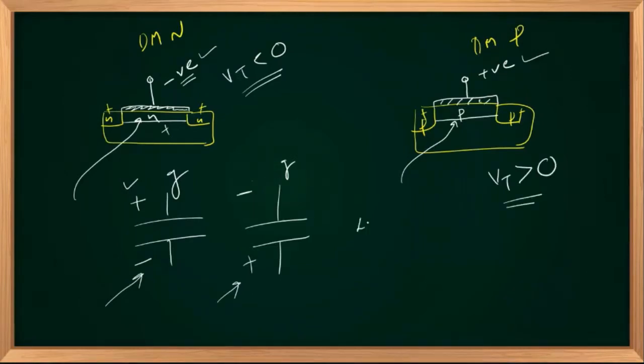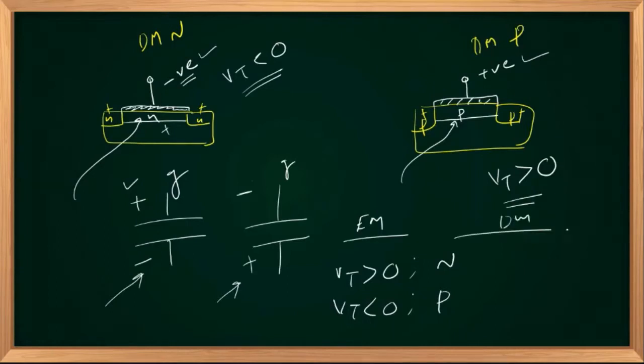Whereas in enhancement mode devices, Vt is greater than 0 for n-channel, Vt is less than 0 for p-channel. So depletion mode is just opposite. N-channel Vt should be less than 0. P-channel Vt should be greater than 0. So you can expect one more question based on this.